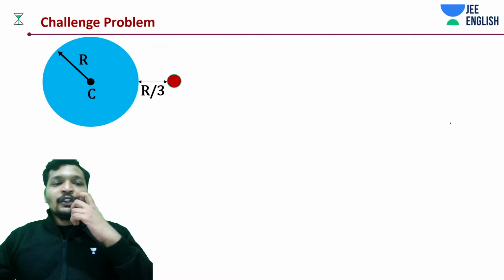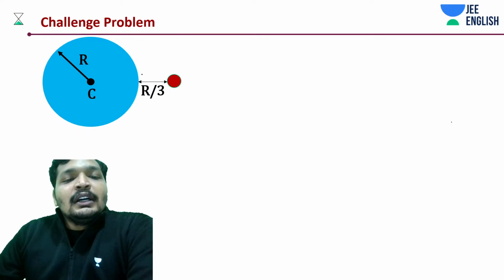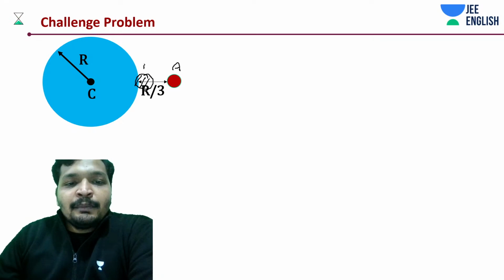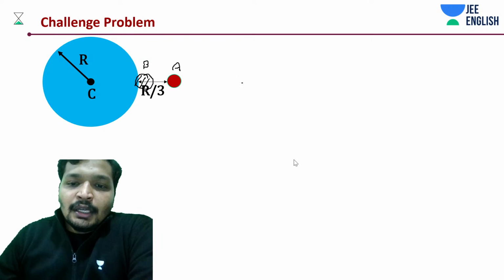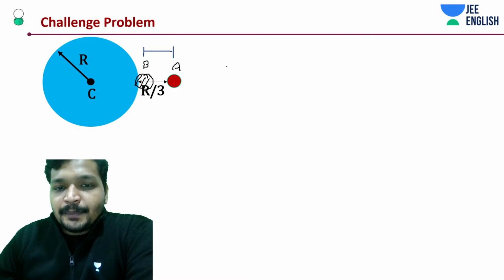But let's first do it and then get to the solution, and verify it from the options. Now, your ball has reached this position. Let's call these position A and position B. Now what is the change in potential energy from moving from this point to this point? It's not mgr by 3.